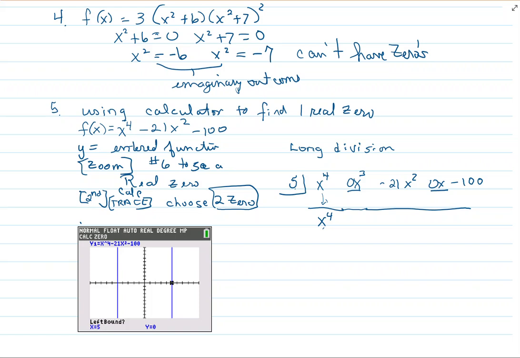I forgot how to divide. It should be x to the 3rd. So I'm going to do x to the 3rd, 5x to the 3rd. Oh. I'll do it longhand till I remember how to do synthetic. Sorry, my brain's not working today.